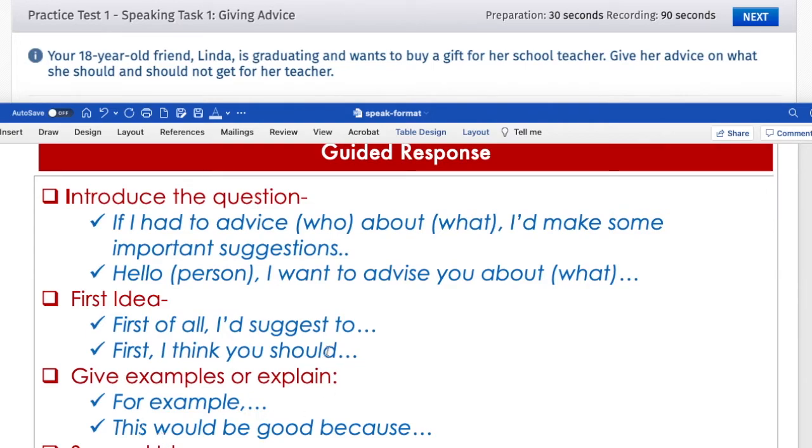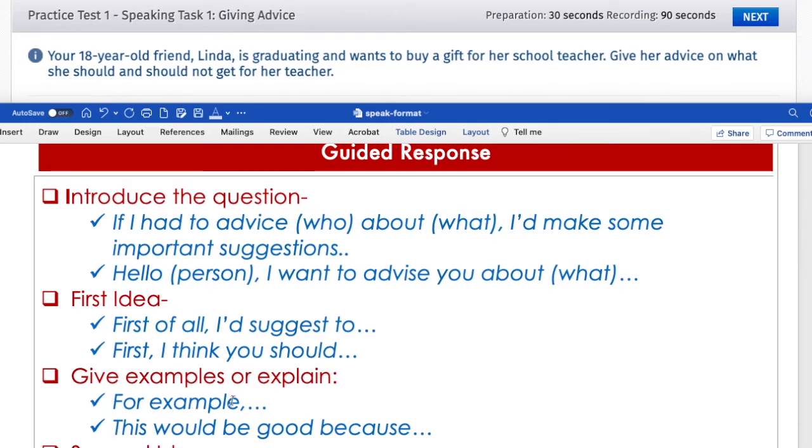Now I'm going to turn this around. Imagine for my first idea, I said, first of all, I'd suggest to get her something memorable. Now, when I give my example, I'm going to give an example.